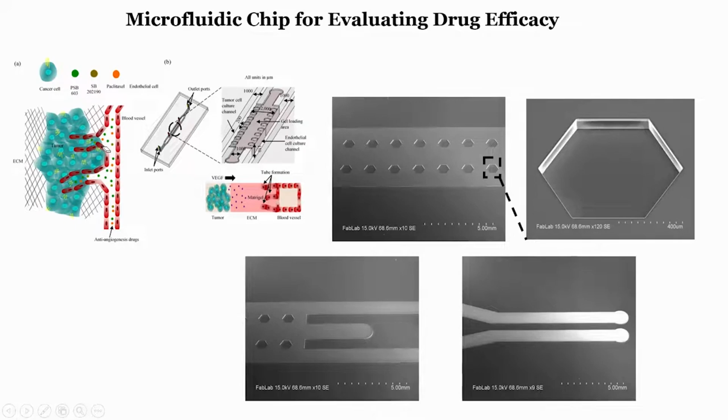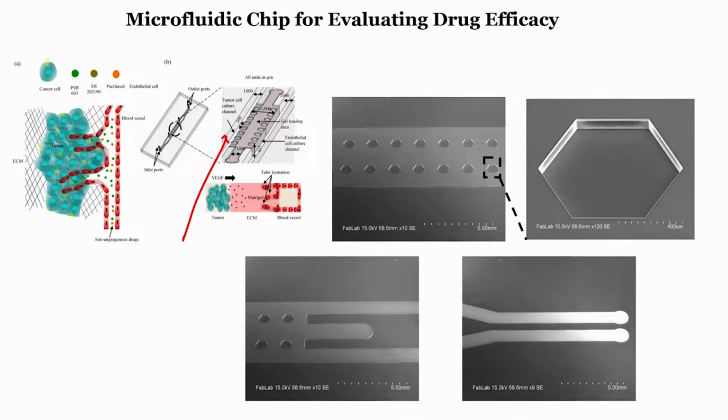So, how will this microfluidic platform help us understand which anti-angiogenesis drugs, or combination of them, will stop the formation of vessels, right? To study that, we will be using a microfluidic platform that has two channels.